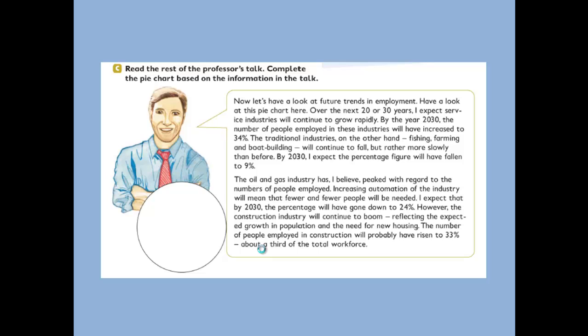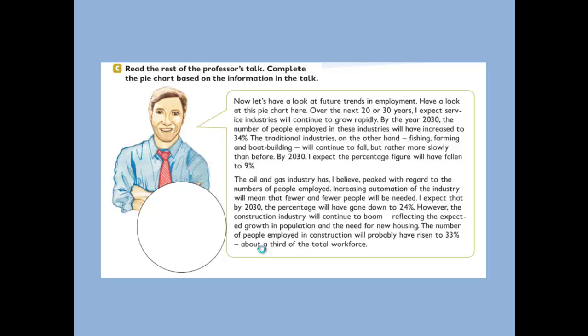The traditional industries, on the other hand, like fishing, farming, and boat building, will continue to fall, but rather more slowly than before. By 2030, I expect the percentage figure will have fallen to 9%.